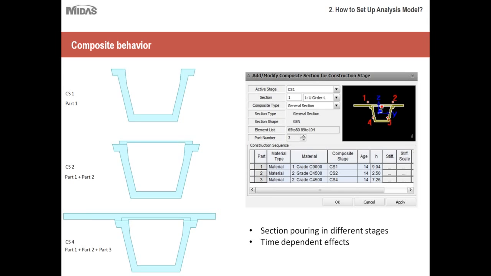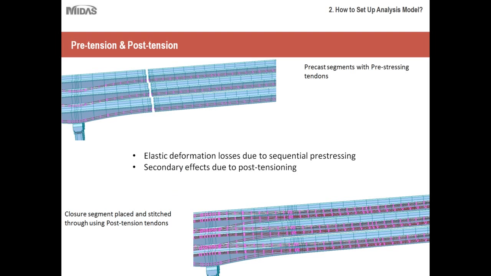And since these members are cast and poured at different ages, different maturity of the concrete, you have to capture the age effect of the concrete here, the creep and shrinkage that is occurring in the concrete. So those types of time-dependent effects need to be accounted for.